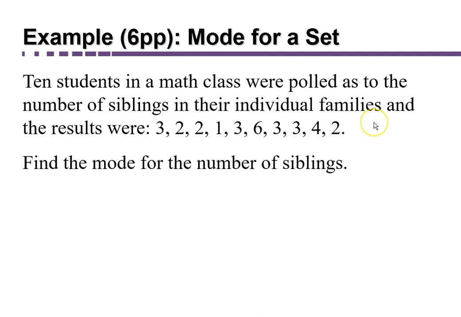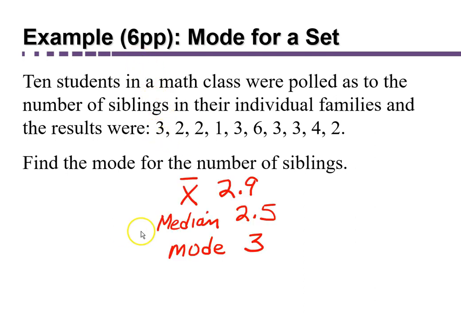So looking at the family that we started off with, for example 6, we had a mean of 2.9, a median of 2.5, and a mode of 3. Again, it helped us to analyze and get the central tendency of that group that we were studying.